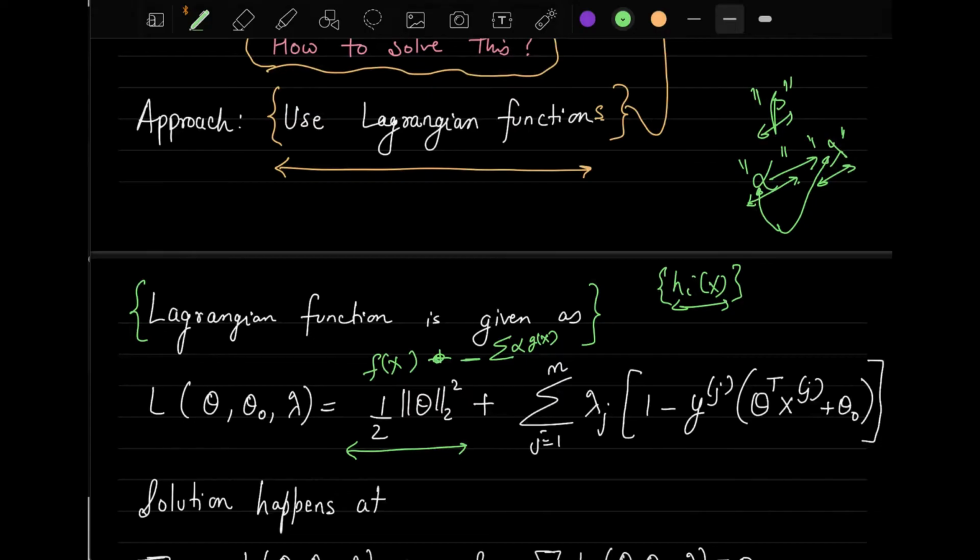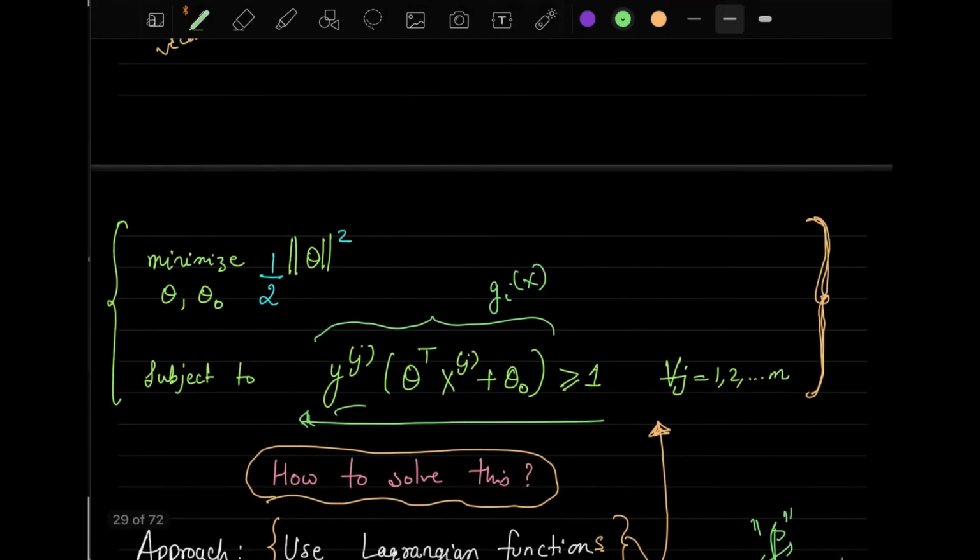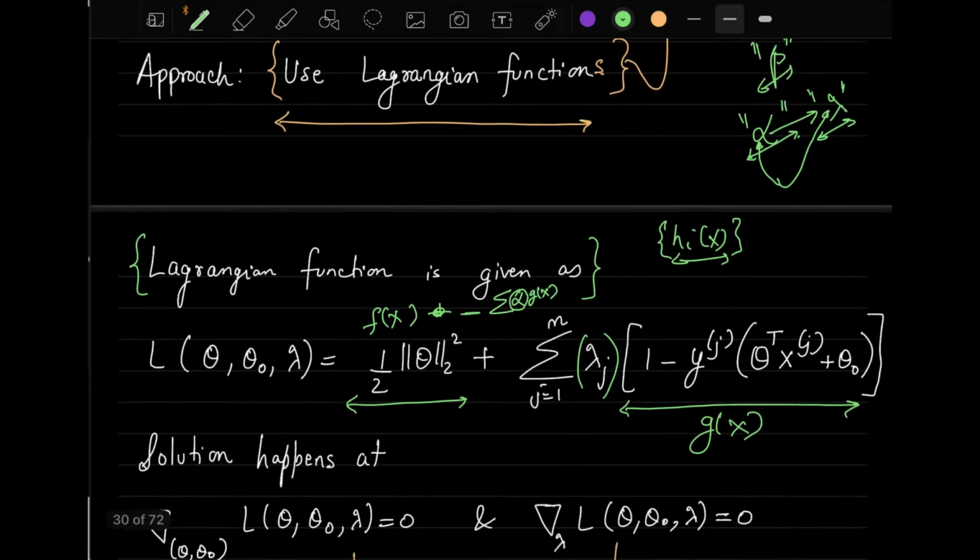So the same thing is repeated here, but instead of alpha you have lambda, and then you have g(x). Note that this is actually greater than 1. If you bring this to the other side, it will be 1 minus this term, which is less than 0. So this is what is over here.